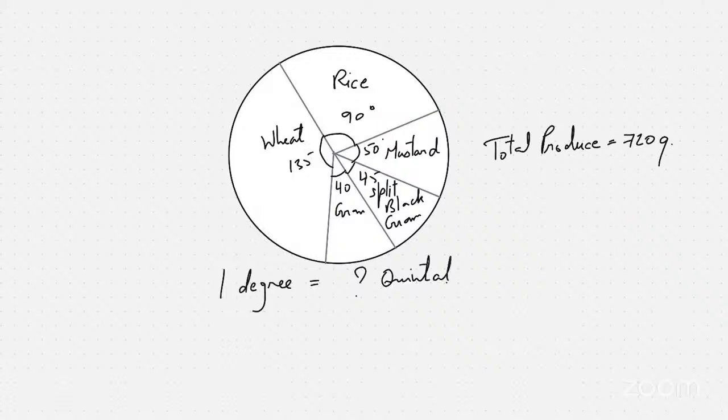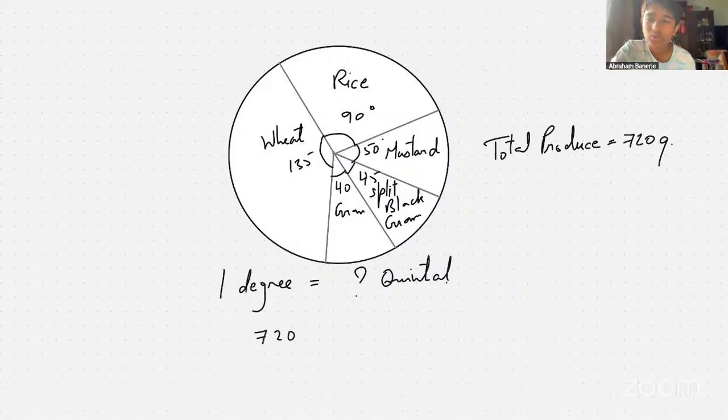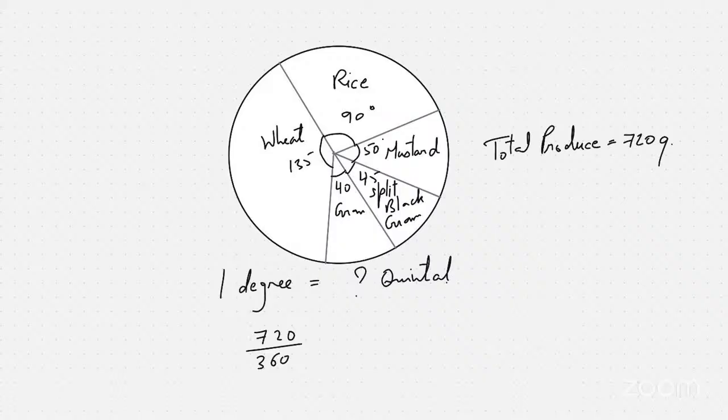So to find this, we will do 720 divided by 360. What do we have to find out first? How much each is produced in quintal. If rice is 90 degrees, how much will it be in quintal?